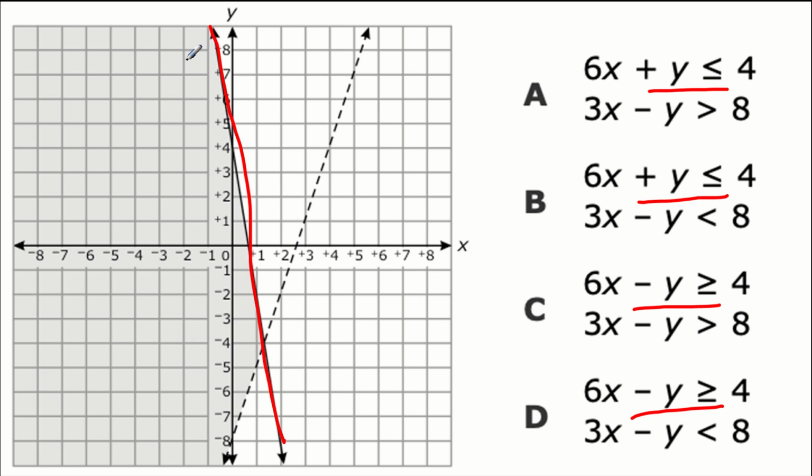So that doesn't help. My dotted line, I'm not going to draw it with dots, but that's the dotted line, the positive slope there. So that has to be shaded above the dotted line. Well, above the dotted line, this one would have to flip. That's not above then. This one would have to flip, that is above. This would have to flip, that's below. This would have to flip, that's above. All right, so I narrowed it down to B and D.